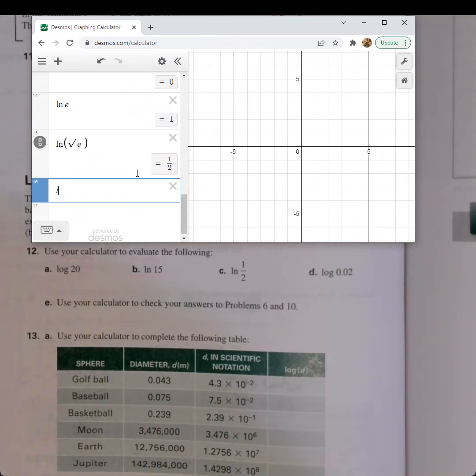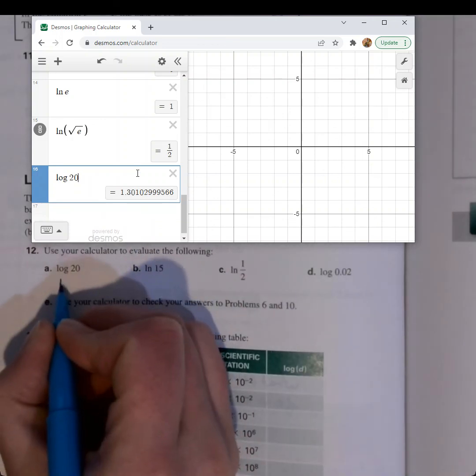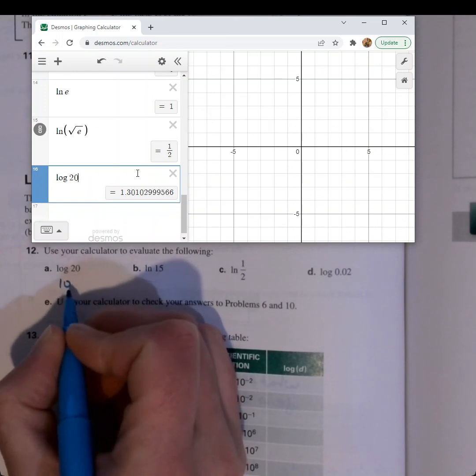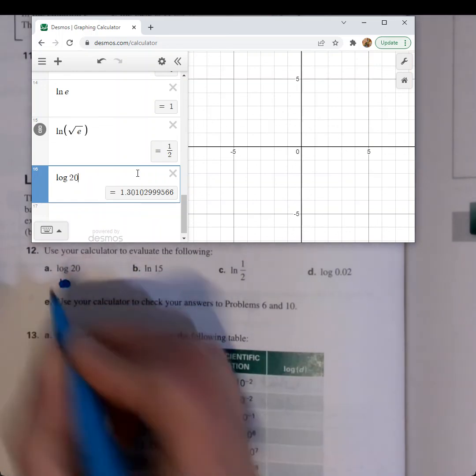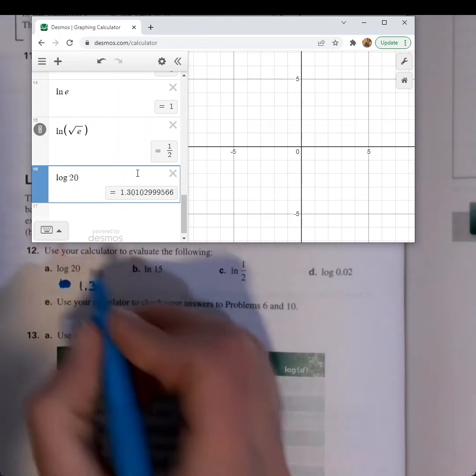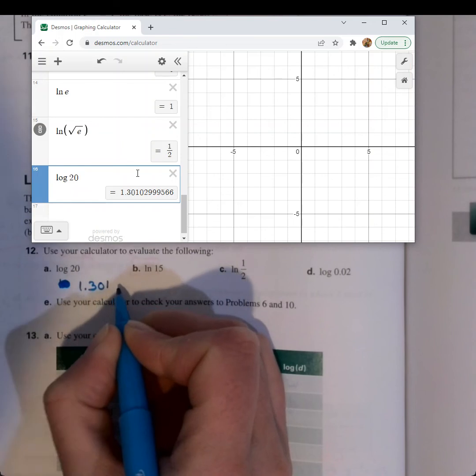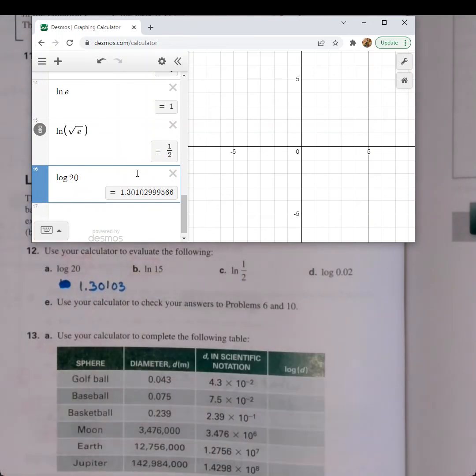They want us to do the log of 20. Well, it's approximately 1.3013. I'm going to keep a couple places on this because I wanted to check it.